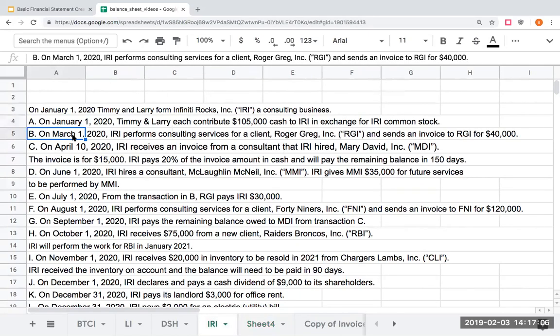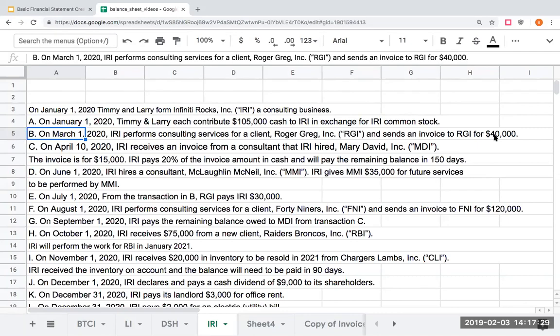Okay. March 1st, 2020, we perform consulting services for a client, RGI, and we send an invoice to RGI for $40,000. With this particular transaction, I've performed the service. Remember what we said about revenue. It doesn't matter whether or not we've actually been paid.